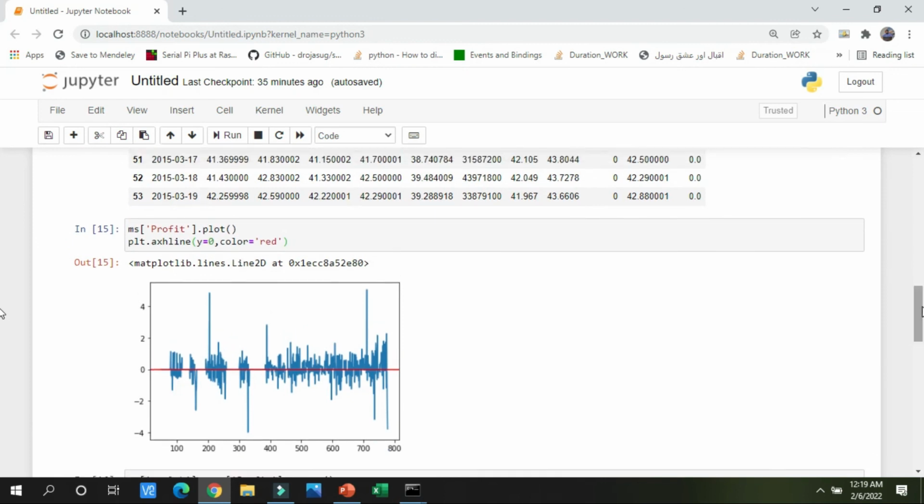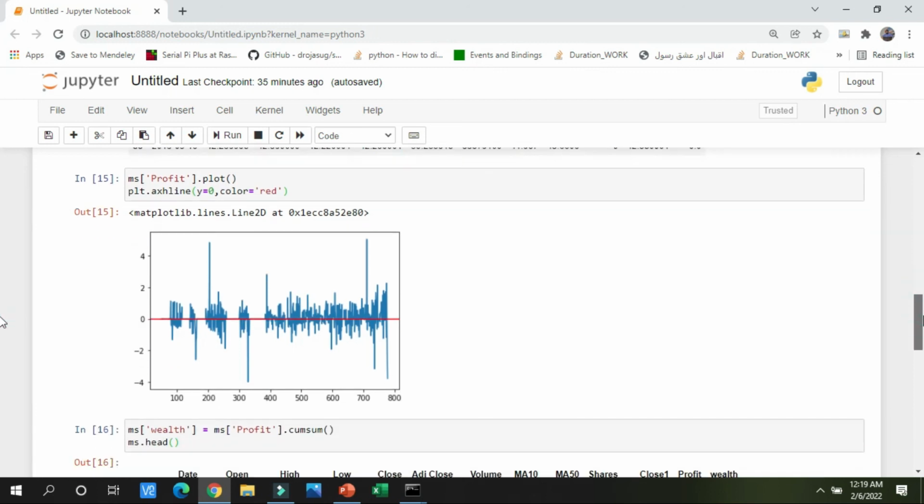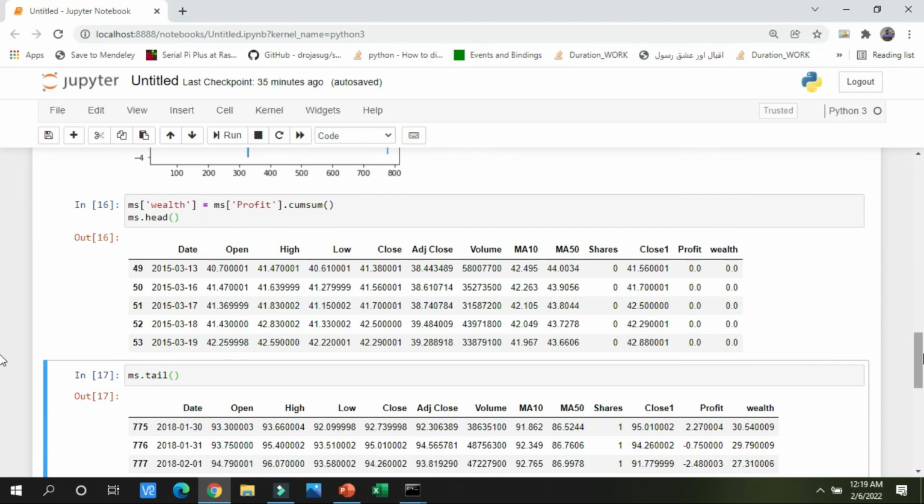We have made a beautiful demonstration using the matplotlib axhline graph. The values above the line are for making money, and below the line are for losing money. Then we have created the cumulative wealth column, and this wealth column is showing the money we have made over a period of time.